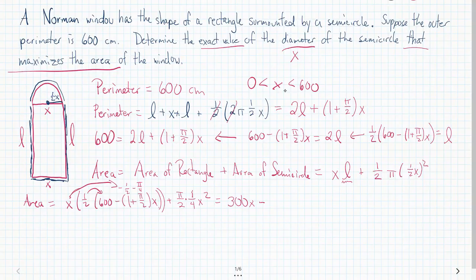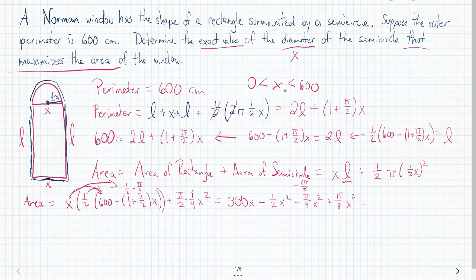So it goes to this first part and it goes over there. So you get minus 1/2 x squared minus pi over 4 x squared, and then plus pi over 8 x squared. Well, that's going to be convenient because pi over 4, that's negative 2 pi over 8 right there.